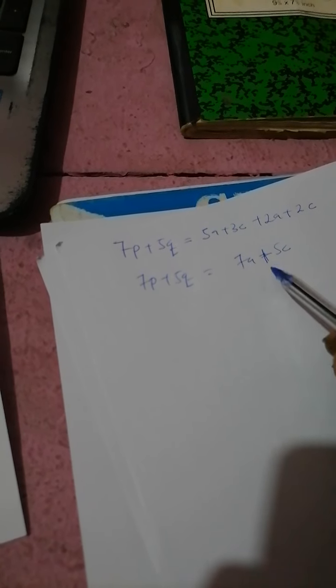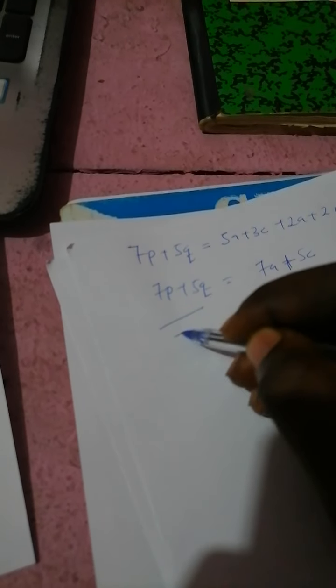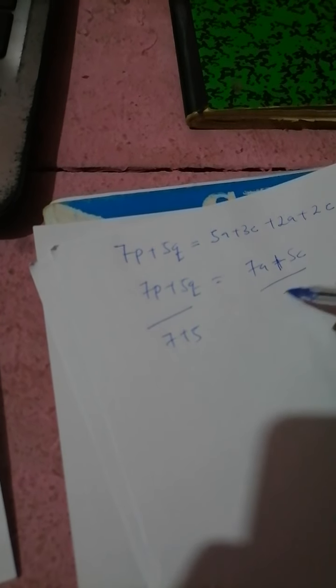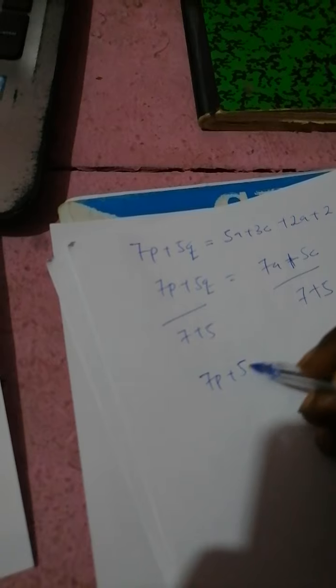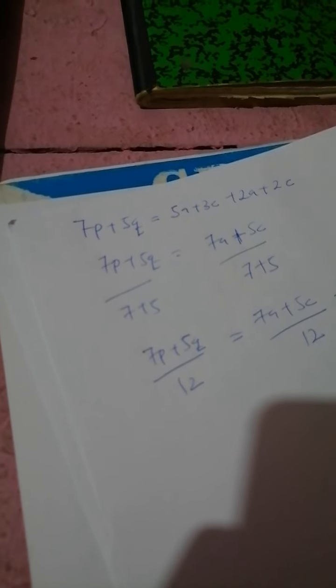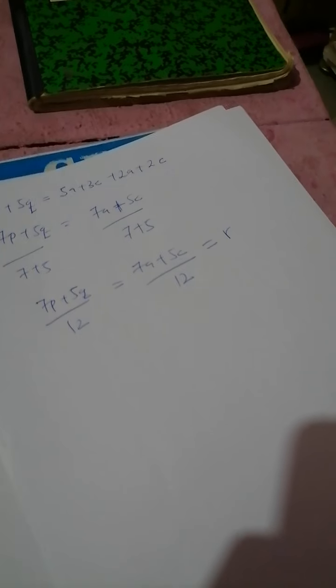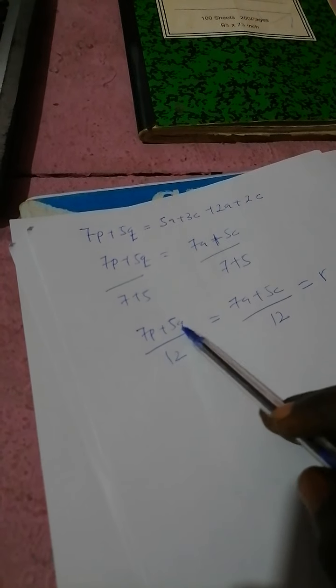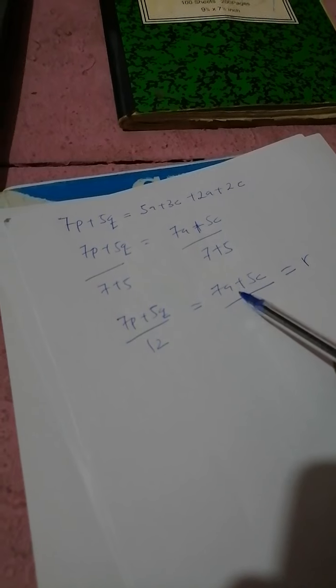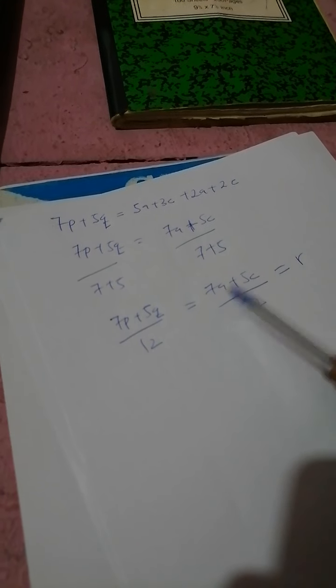So we have 7P plus 5Q equals 7A plus 5C. Now just divide both sides by 7 plus 5. It means that we have 7P plus 5Q over 12 equals 7A plus 5C over 12, and this is equal to our position vector R. So R divides the line PQ in the ratio of 7:5, and that same R divides the line AC in the ratio of 7:5, right?